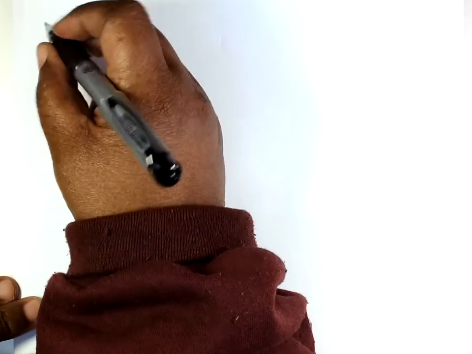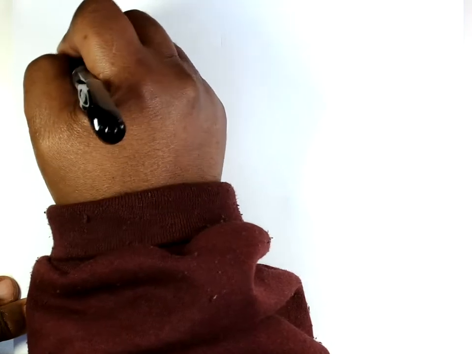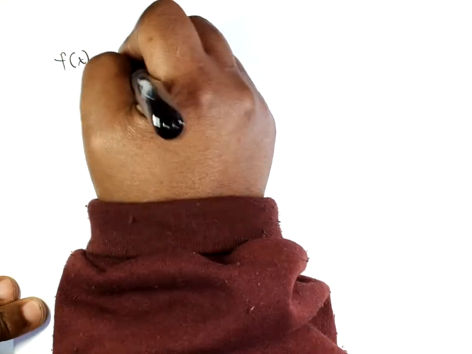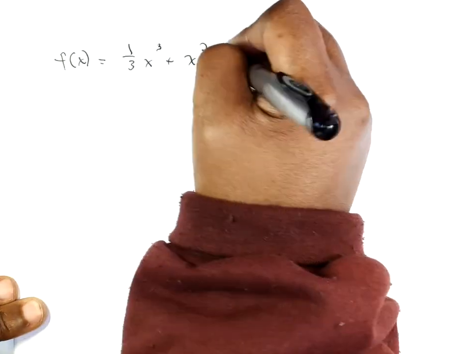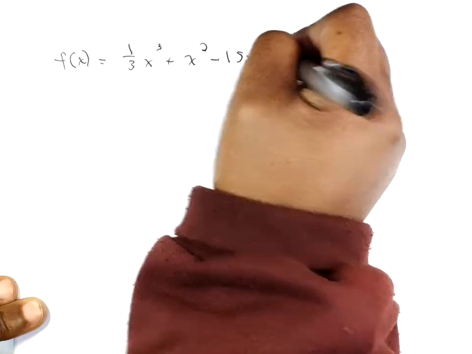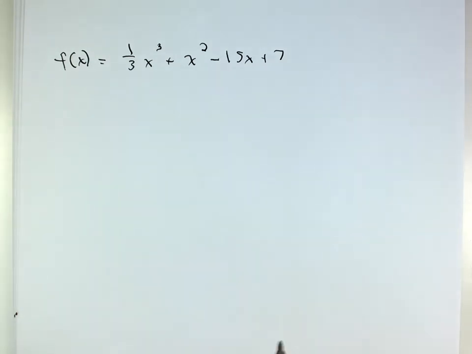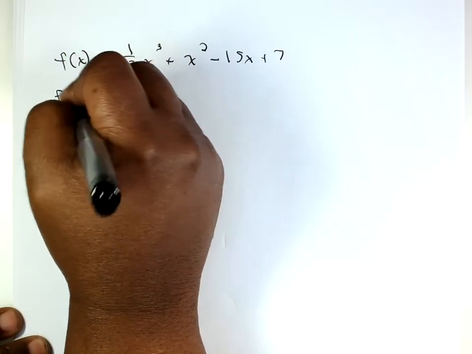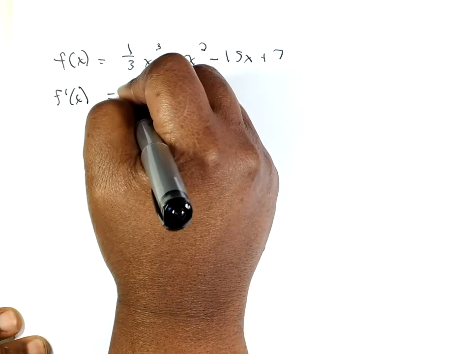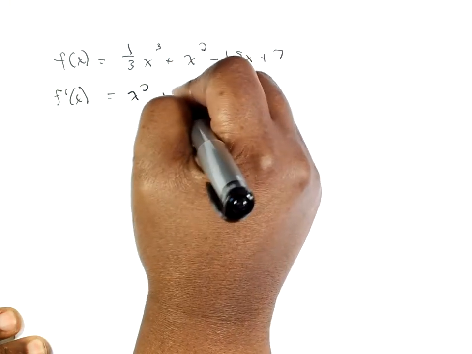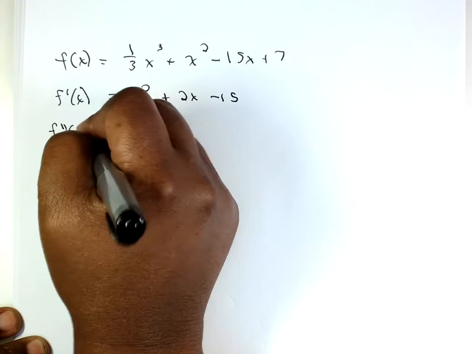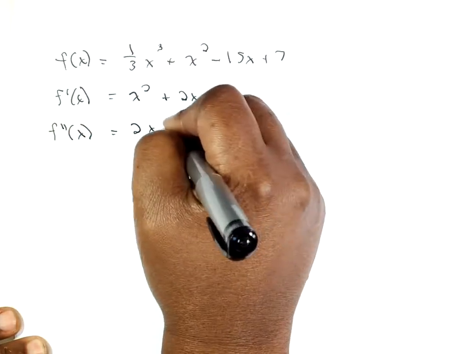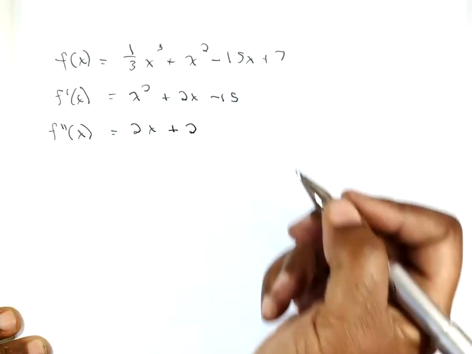So I'm going to do this last example. We have f of x is equal to 1/3 x cubed plus x squared minus 15x plus 7. So my first derivative is x squared plus 2x minus 15, and my second derivative is 2x plus 2.